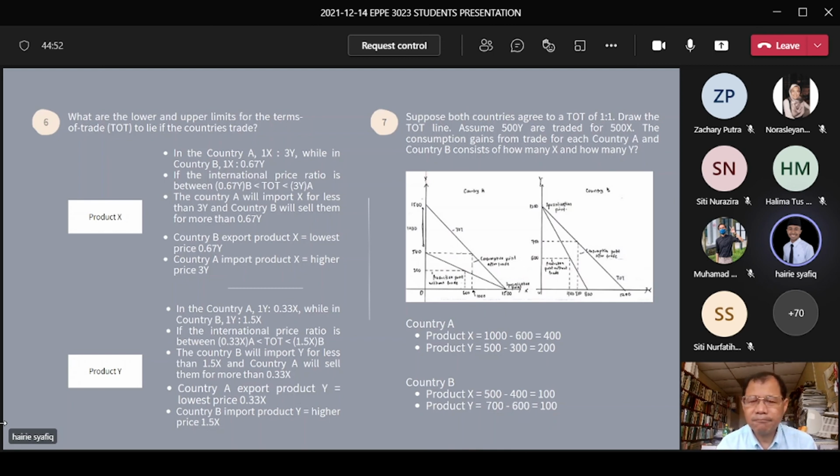For country A, product X is 400, which is 1000 minus 600, and product Y is 200, which is 500 minus 300. For country B, products X and Y are both 100.